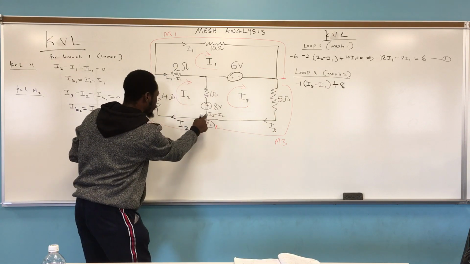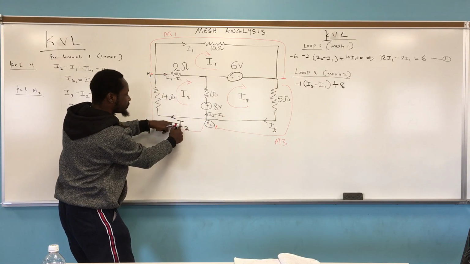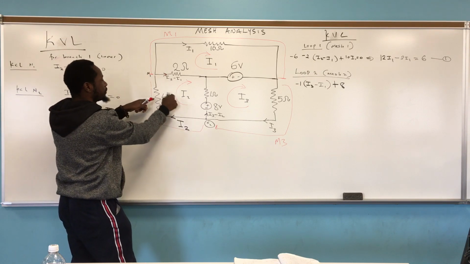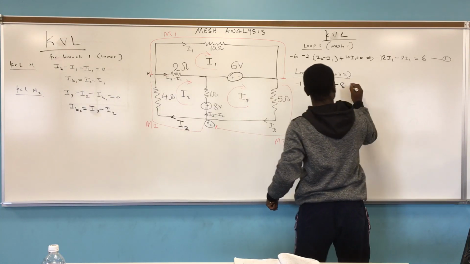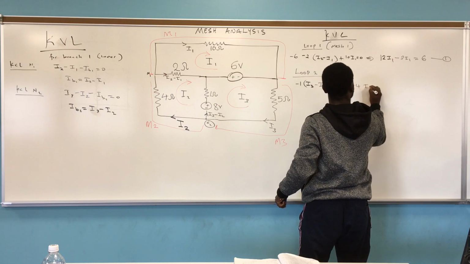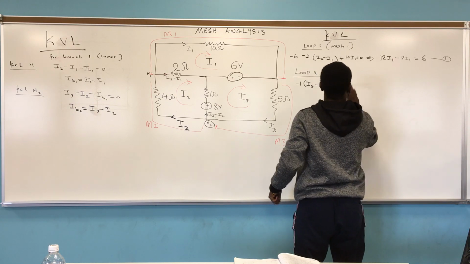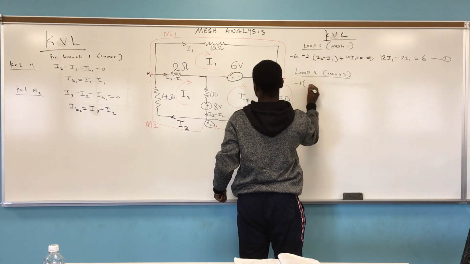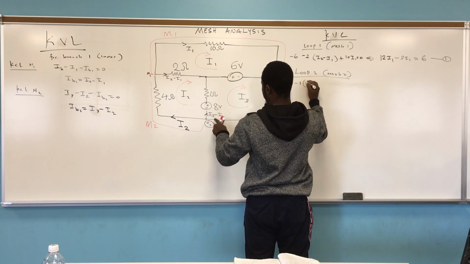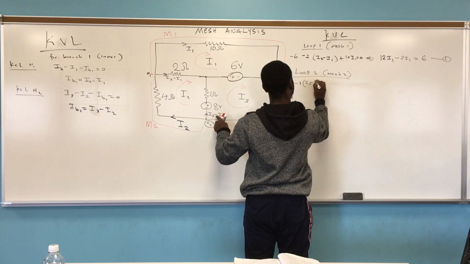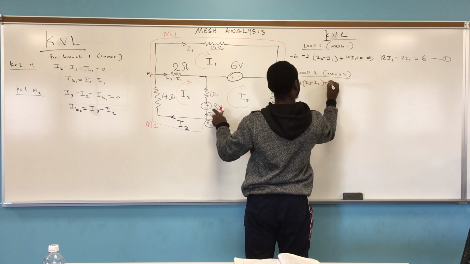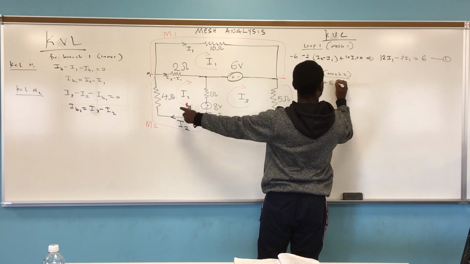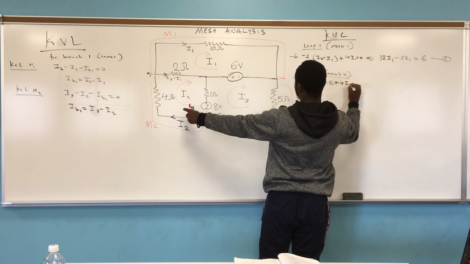And then we continue traveling in the same direction as our mesh current, like this. So we hit this resistor. We have plus 4I2. Sorry, this is I3 minus I2 plus 8, plus 4I2.